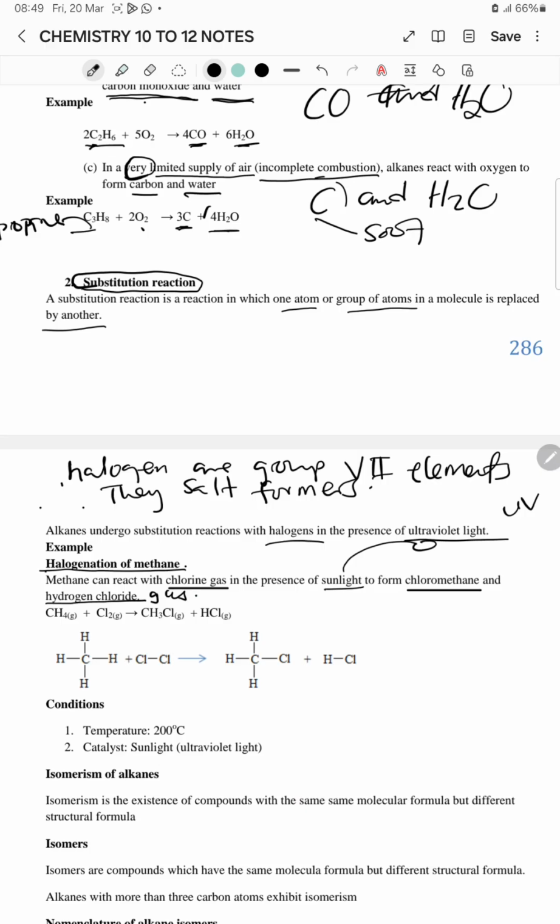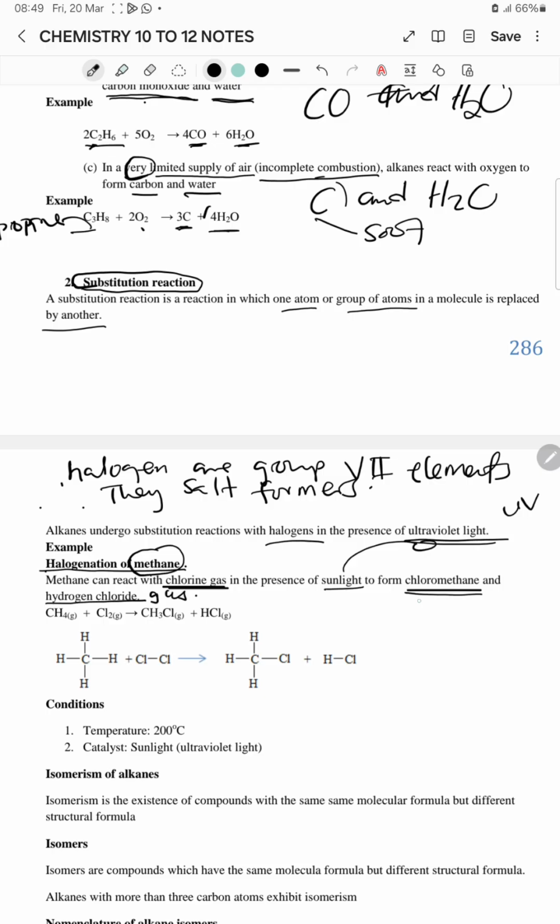Now, please, let's understand this. We are saying that halogens react with alkanes in the presence of ultraviolet. So if, for example, you have used methane to react with chlorine, you are going to form chloromethane.